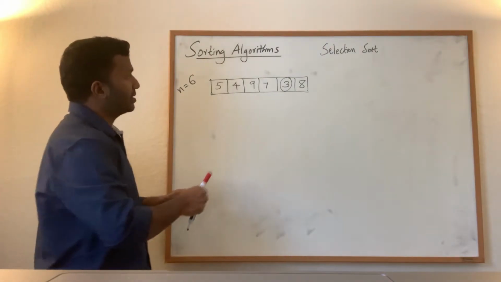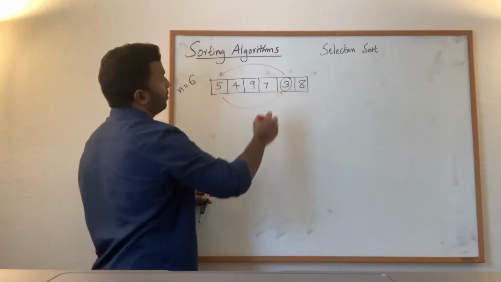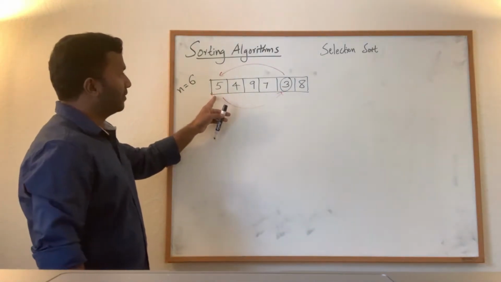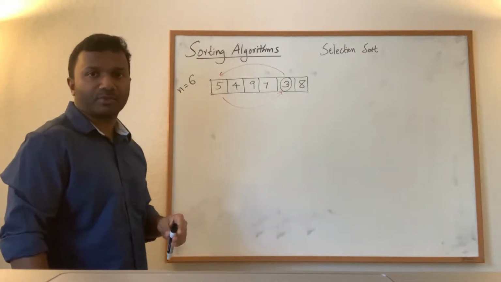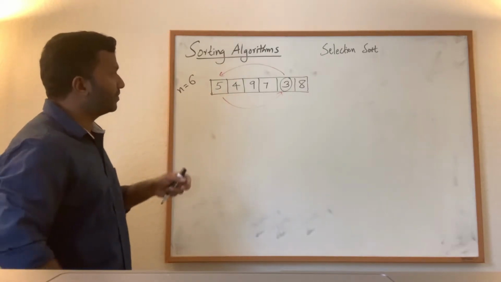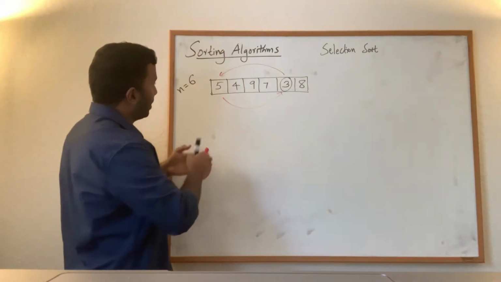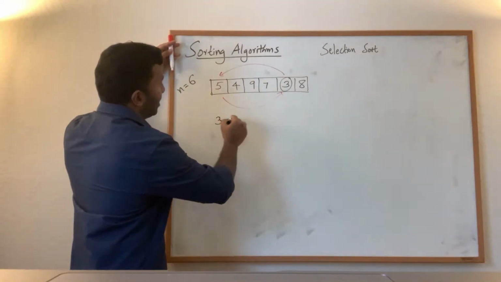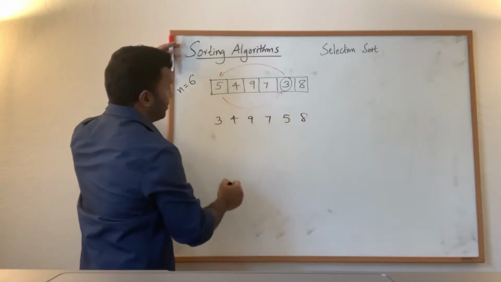So I'll just move this 3 here and put the 5, that is the first element, to the position corresponding to 3. Essentially, I make a swap between these two numbers. So now the new array will look like 3, 4, 9, 7, 5, 8.